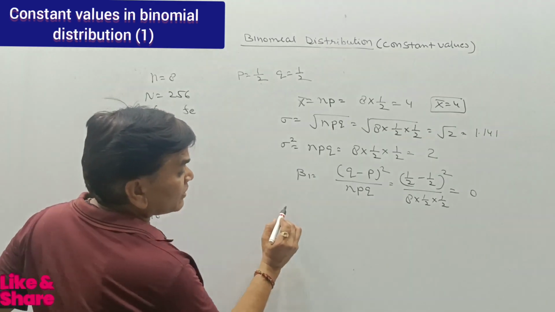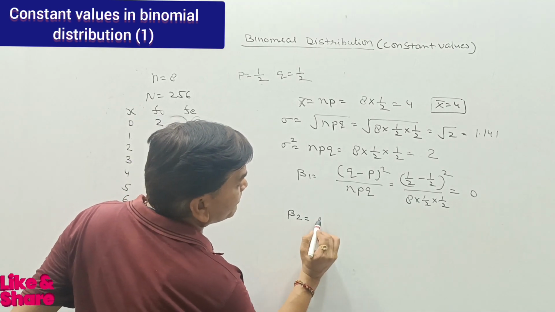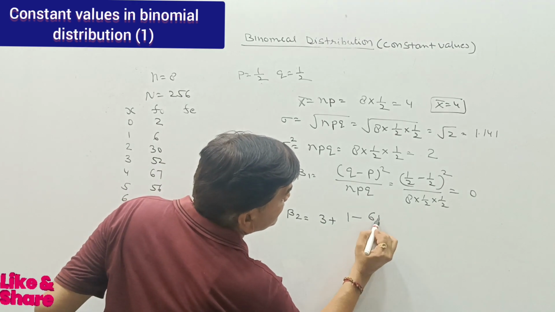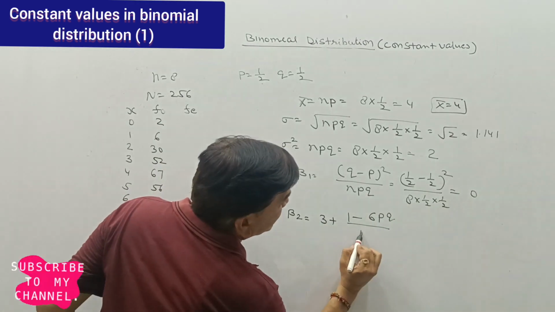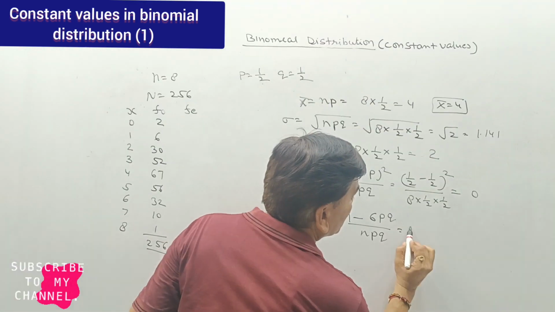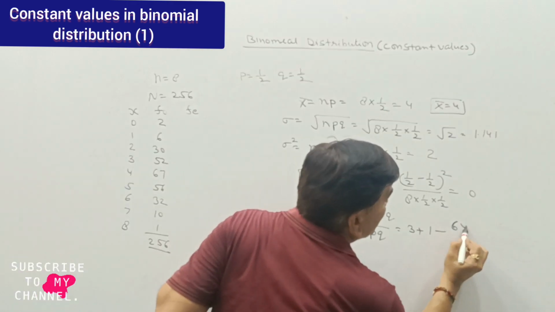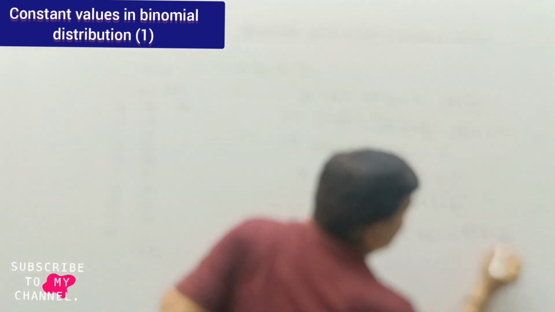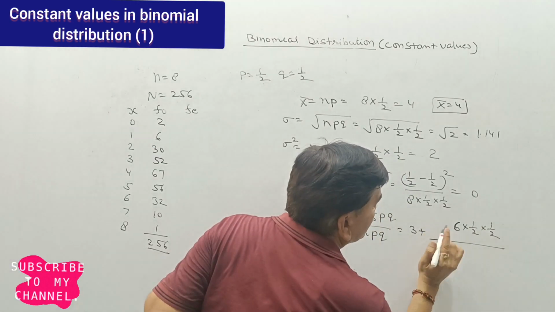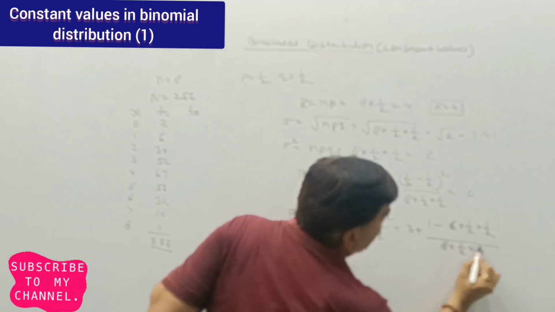But if we want the coefficient of kurtosis, that will be 3 plus (1 minus 6pq) divided by npq. So this will be 3 plus (1 minus 6 multiply 1/2 multiply 1/2) divided by 8 multiply 1/2 multiply 1/2.